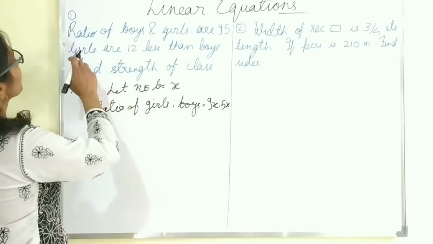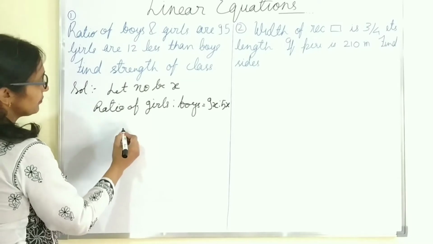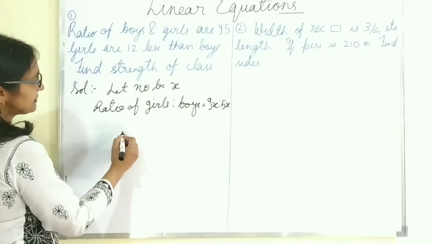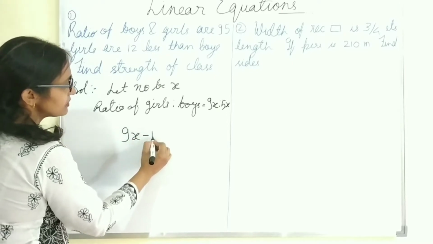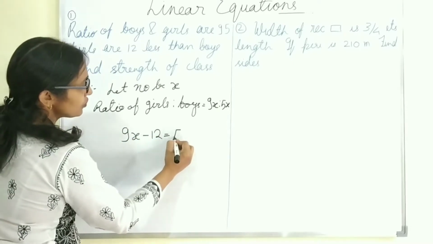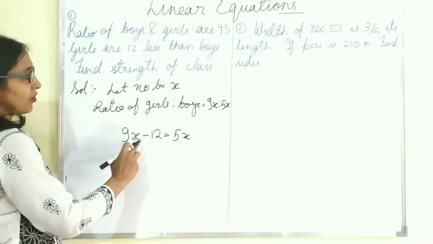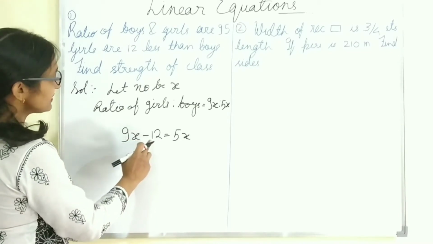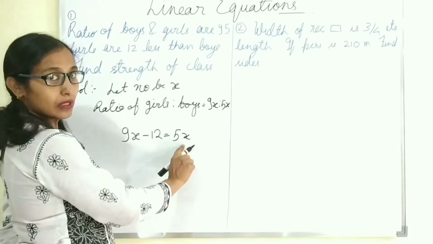Now, girls are 12 less than boys. So how will we make its linear equation? 9x minus 12 equals 5x. If 12 is subtracted from 9x, it will be equal to girls.